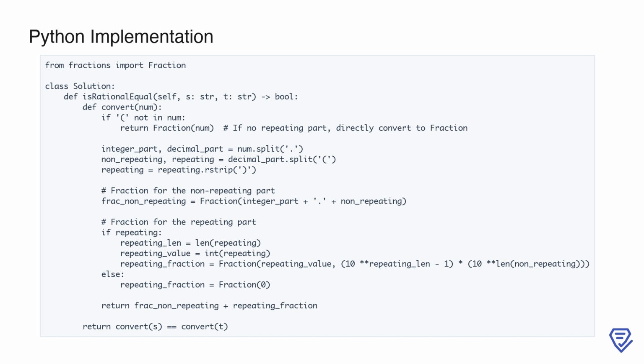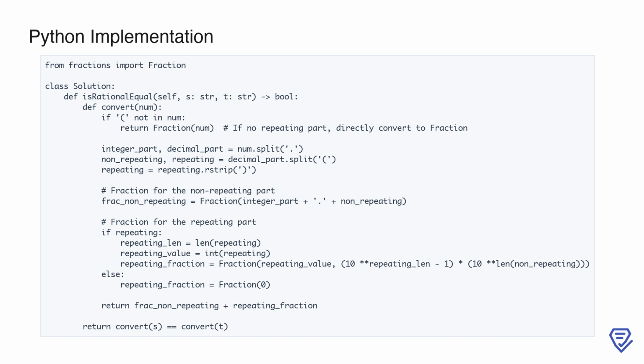It then computes the fraction for the non-repeating part by concatenating the integer and non-repeating parts. For the repeating part, the algorithm calculates the fractional value by treating the repeating sequence as a numerator and constructing a denominator based on its length. For example, 6 repeating contributes a fraction of 6/10 to the power of 1.